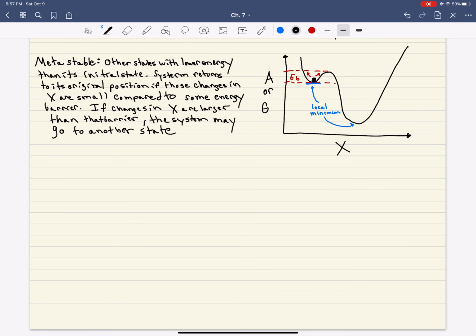Right. The next term, I talked about stable and metastable there. But now what I want to talk about is unstable. Okay? And so if you have an unstable system, what that means is that if you have any changes in x, no matter how small, those changes will take the system to another equilibrium state.